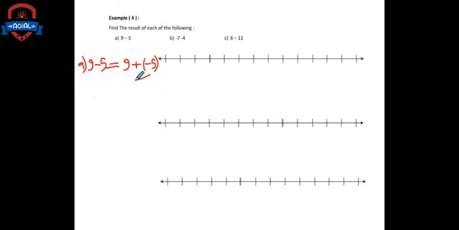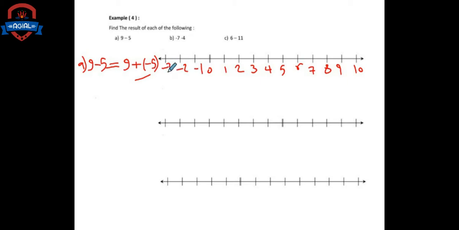First we need to represent the set of integers on the number line. We have 0, and to the right we have 1, 2, 3, 4, 5, 6, 7, 8, 9, 10, and so on. And to the left we have negative 1, negative 2, negative 3.